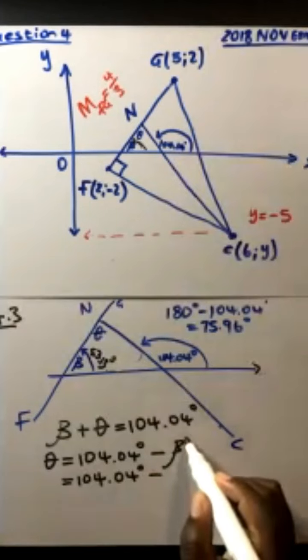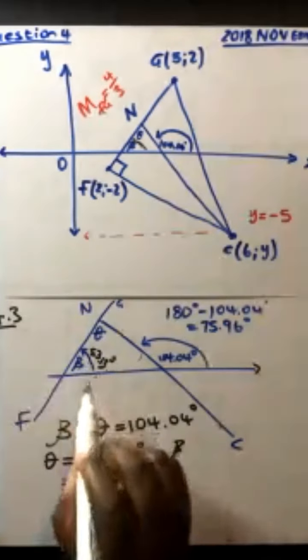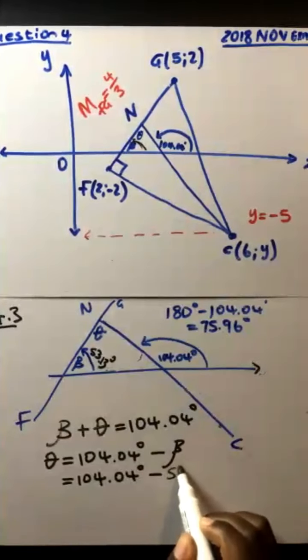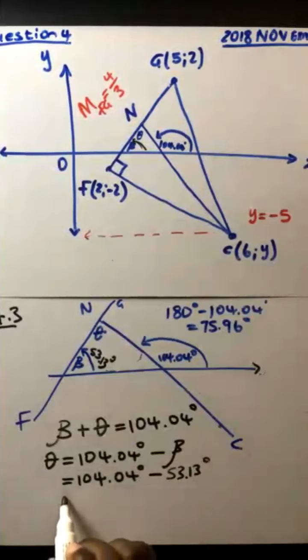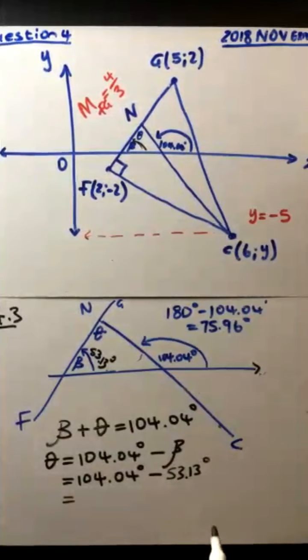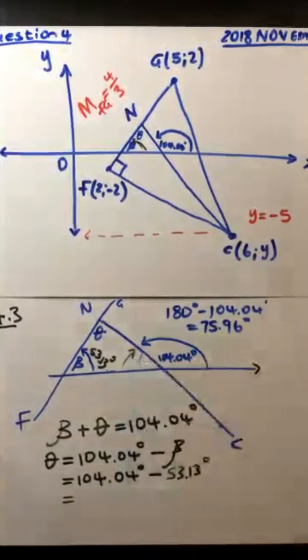So then we substitute the value that we calculated for beta, which is 53,13 degrees. So let's punch all of these and see if we get the answer that we got when we used that other method of firstly finding that angle. Yes, sir. We do get the same answer of 50,91 degrees.